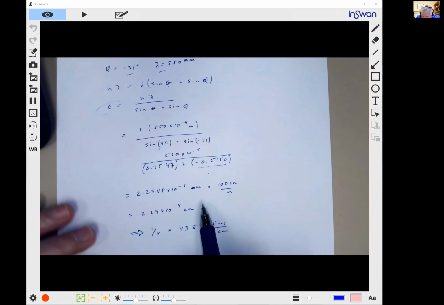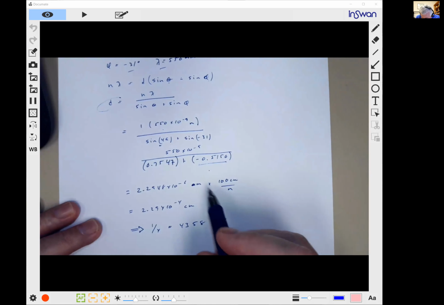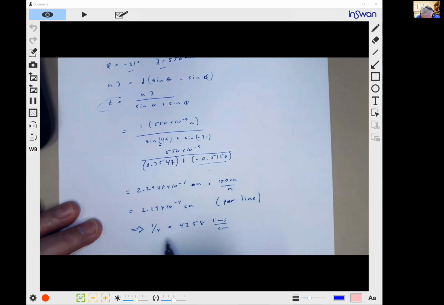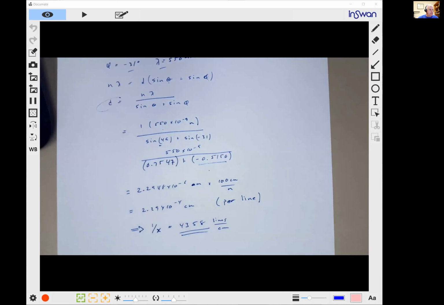And then this is the number of centimeters per line, right? And then you just flip it over, 1 over x. And that gives you 4358 lines per centimeter, which is what I got. And then you can change them around to get the other answer.